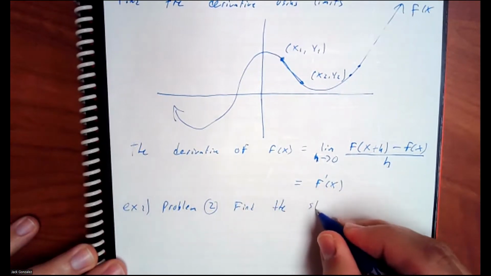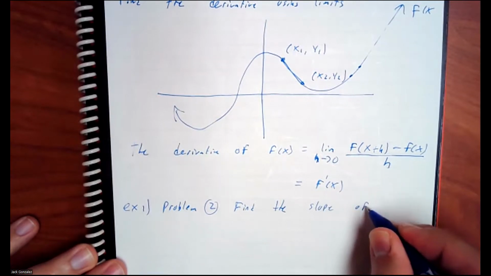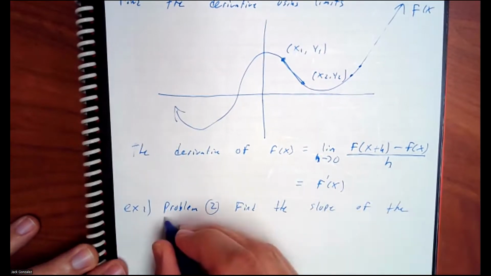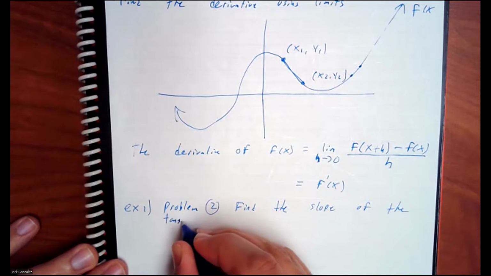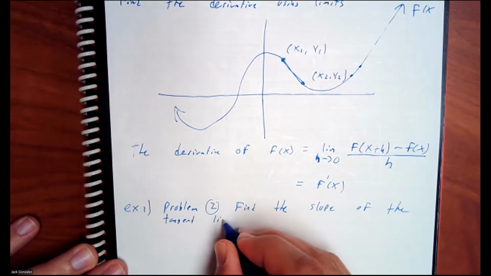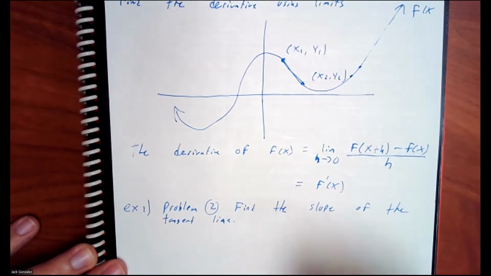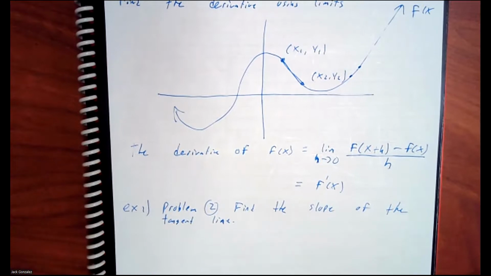Find the slope of the tangent line. It's also called the instantaneous rate of change, the derivative, by the way, instead of an average rate of change.